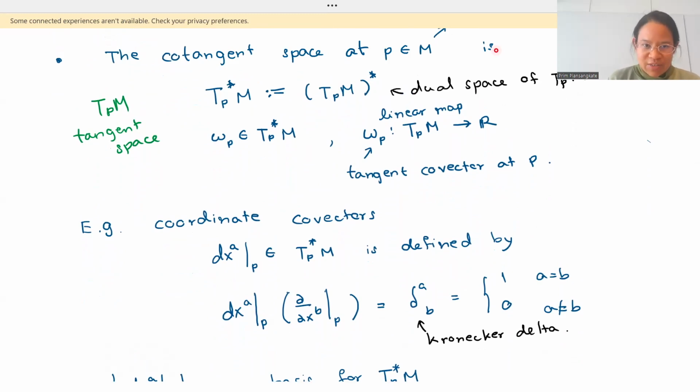An example of a covector is a coordinate covector, which is defined by a unit symbol for a coordinate covector at P. We define it so that when it acts on a coordinate vector, it gives you a real number, and it satisfies this equation: it will be 1 if the indices are the same, and 0 otherwise.